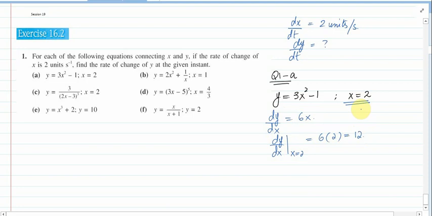Alright. Now we need to find out dy upon dt, the rate of change of y at the given instant. So now there is a rule, and it's called the chain rule. What is the chain rule basically? It says that dy over dt equals dy over dx multiplied by dx upon dt.